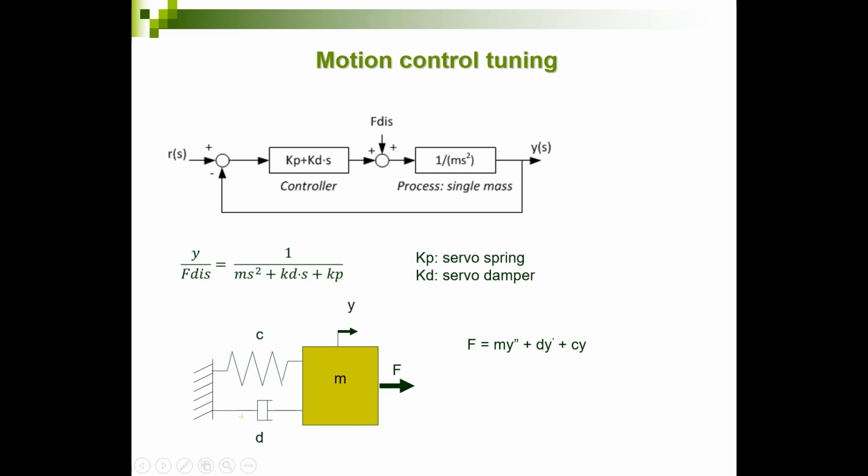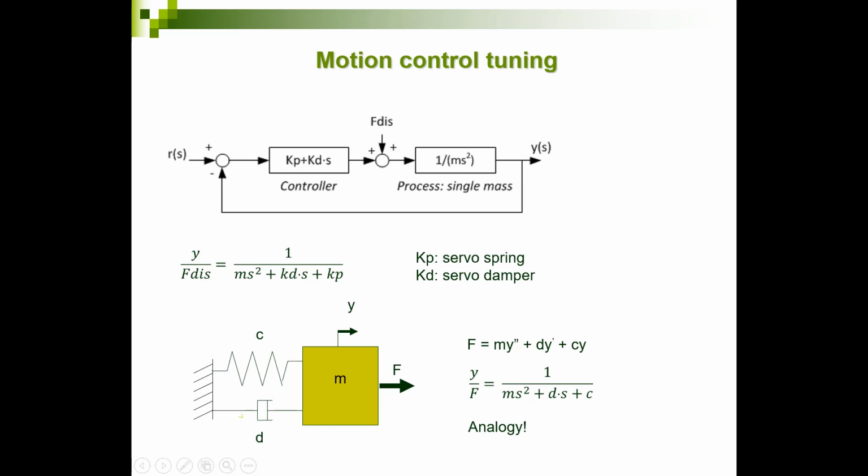So y over F in the Laplace domain is equal to 1 over ms squared plus d times s plus c. And now see the analogy between the Kp, the proportional part of my controller, and my spring, and my Kd, the derivative part of the controller, and my damper here.